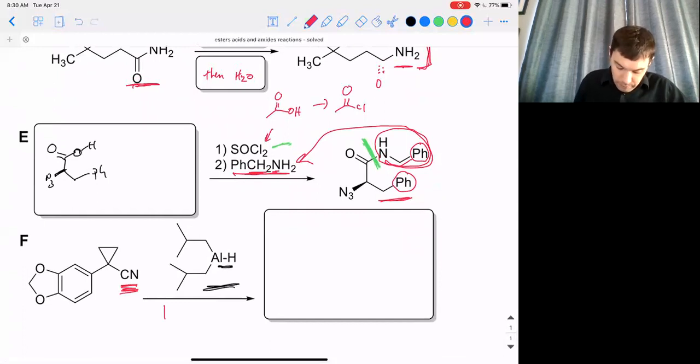And for those of you that might have forgotten, this is DIBAL. Sometimes it's written as DIBAL-H, and it's a special version of lithium aluminum hydride that has some really nice properties. And one of those is reducing nitriles to their aldehyde oxidation state.